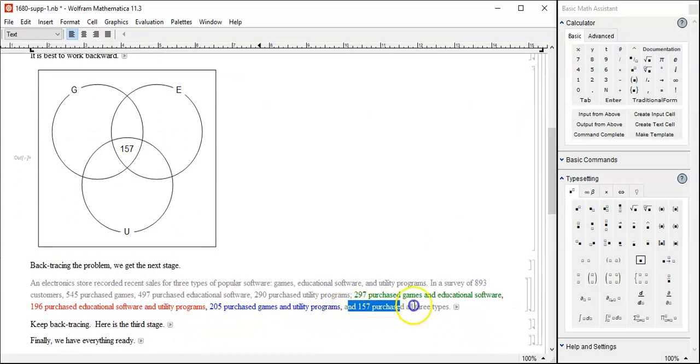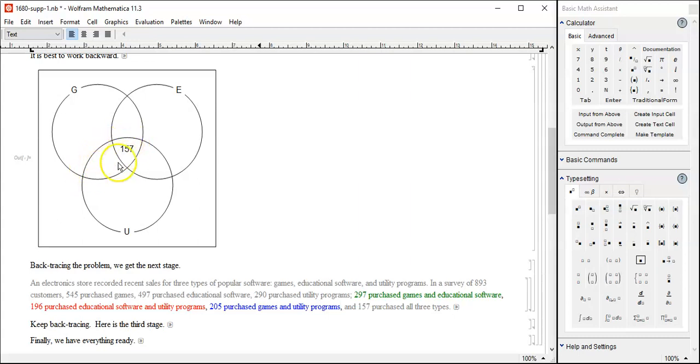Okay, 157, that's done. Now let's work on this blue part. 205 purchased utility and games. That's the game circle, and that's the utility circle. Inside, we have this football shape. Among this football shape, 157 are already counted. You see, there are 205 people inside this football.